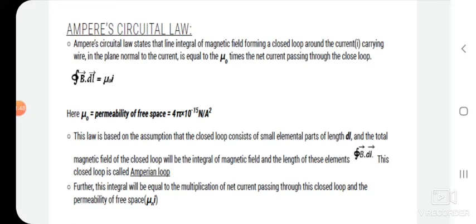It means what? The line integral of a magnetic field over a closed loop is exactly equal to mu naught times the current passing throughout the closed loop, and that is Ampere circuital law, where mu naught is the permeability of the space having value of 4 pi into 10 to the power of minus 7 N per A squared.